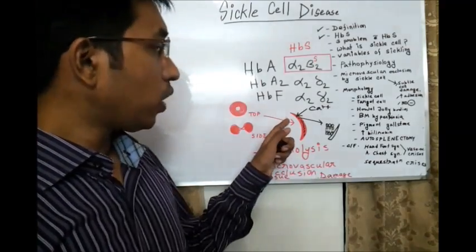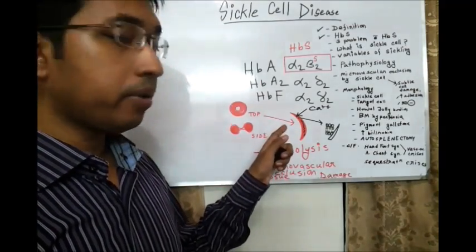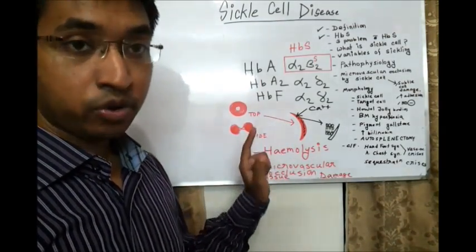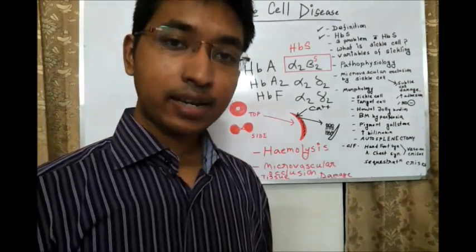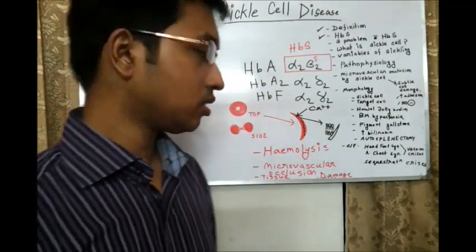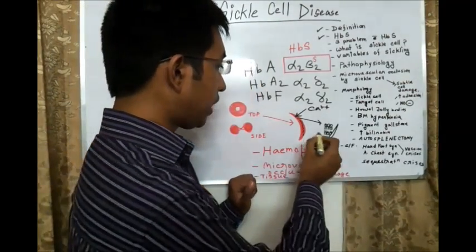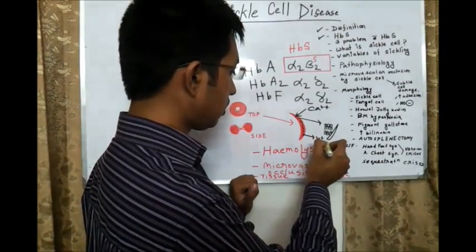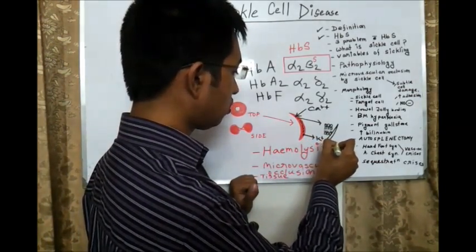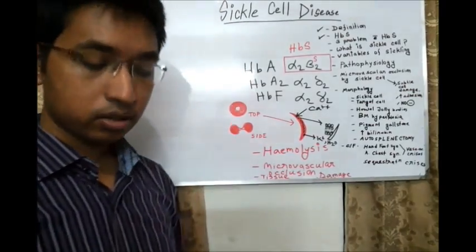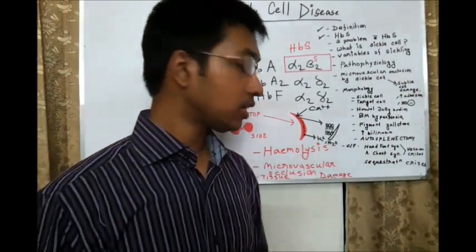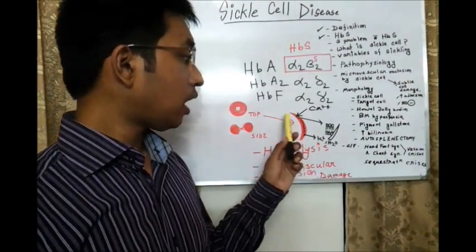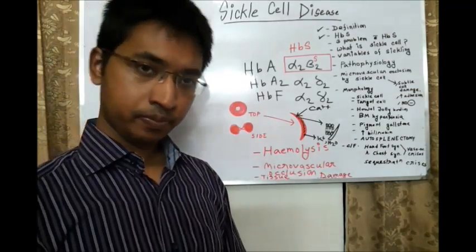Okay, and when calcium enters the sickle-shaped red blood cell, that will activate some ion channels. And what will happen then? That will result in efflux of potassium and water through those ion channels. That will make the sickle-shaped RBC dehydrated.